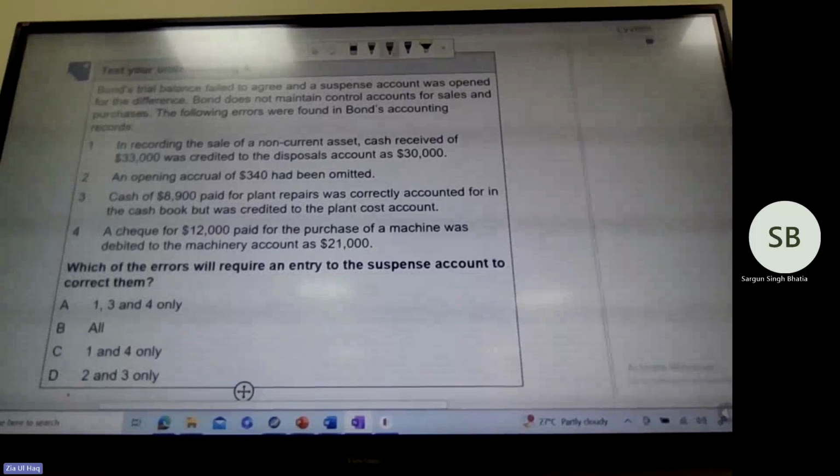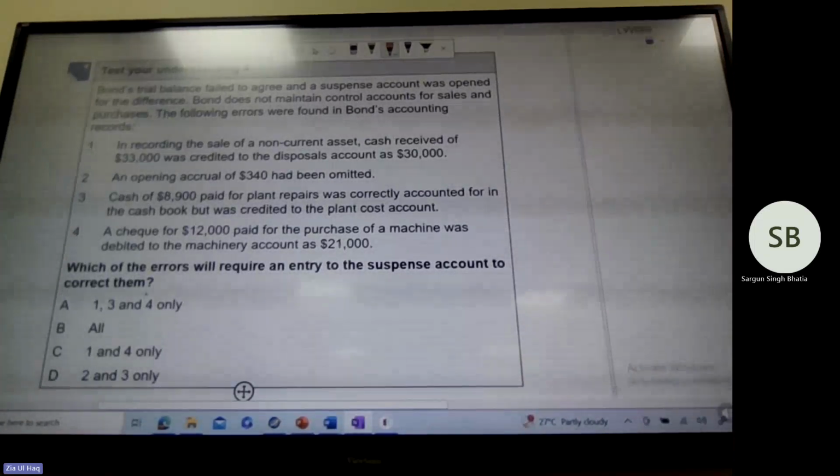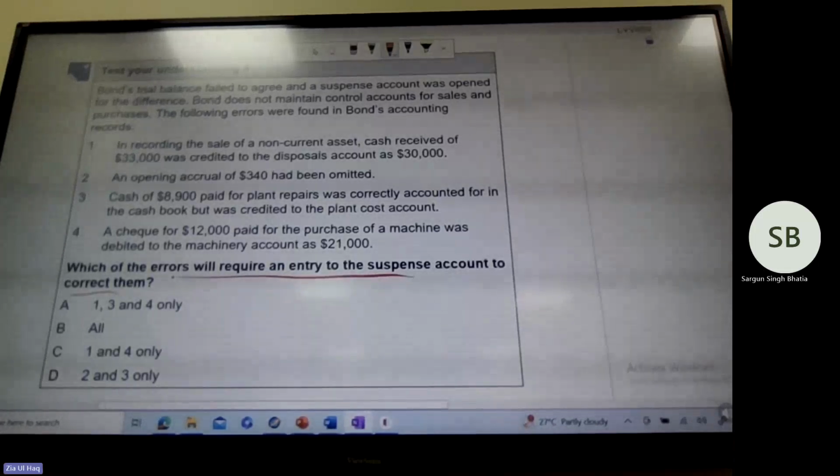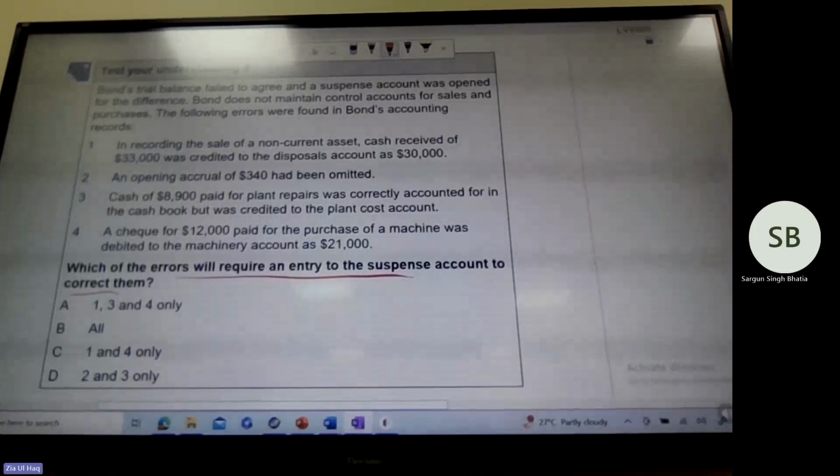What we need to do: which of the errors will require an entry to the suspense account to correct them? What entries are required to correct the suspense account balance? Bond's trial balance failed to agree and a suspense account was opened for the difference.